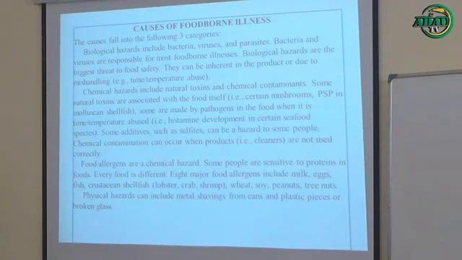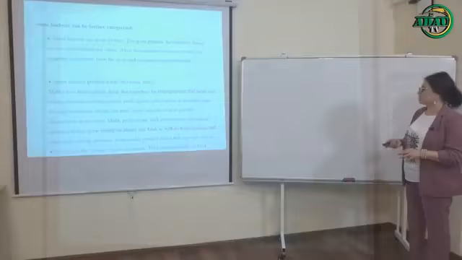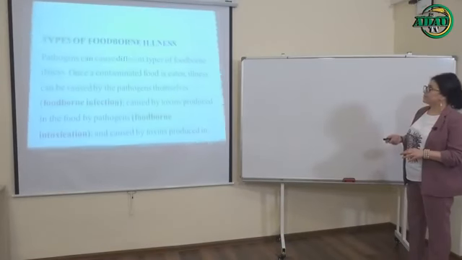And the last one is physical hazards, which can include metal shavings from cans, plastic pieces or broken glass. It can occur during processing at the factories where the food is produced.